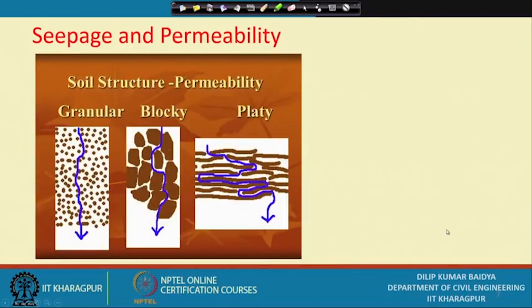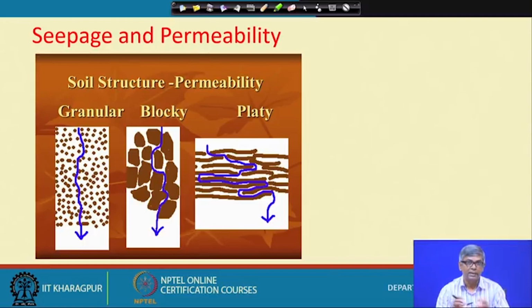Next is how flow actually takes place through water and solid. In the soil there will be different types of grains. If it is granular soil, then the path will be like this, and if it is bigger block-type particles, then the path will be like this. If it is clay particles, which are shown in a very enlarged way, microscopically the particles will be like that, and the actual travel path may be much longer, though the water is coming from here to here.